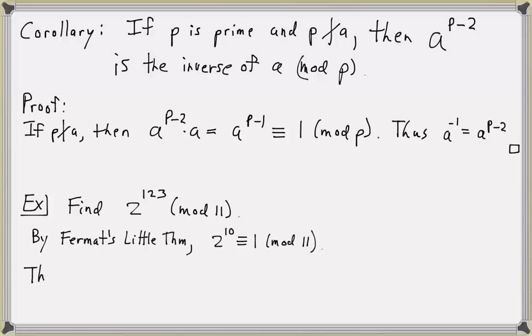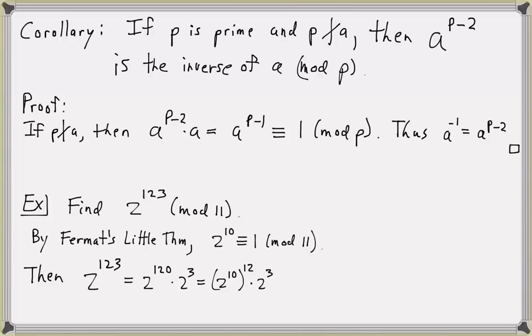Then 2 to the power 123, well, 120 is a multiple of 10, so I can write this as 2 to the power 120 times 2 cubed, and 2 to the power 120 is 2 to the power 10 raised to the 12th power. So I multiply exponents, 10 times 12, I get 120, so times 2 to the 3rd power.